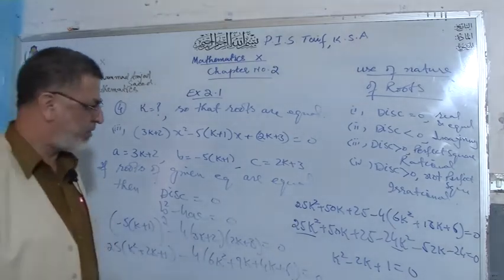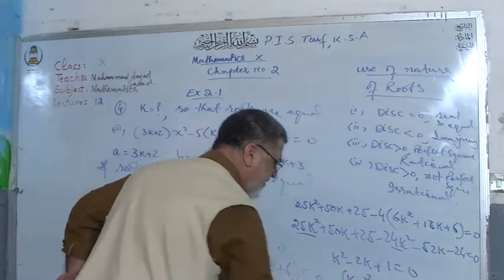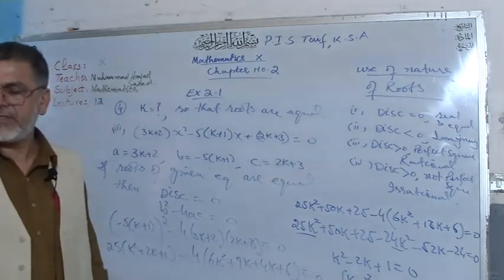And after that you can see this is actually k minus 1 whole square, that is equal to 0.